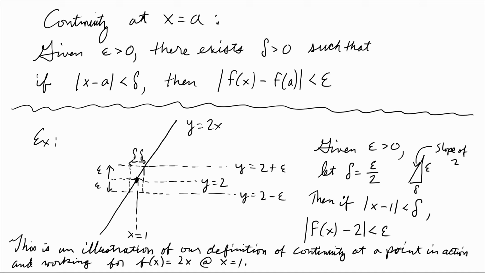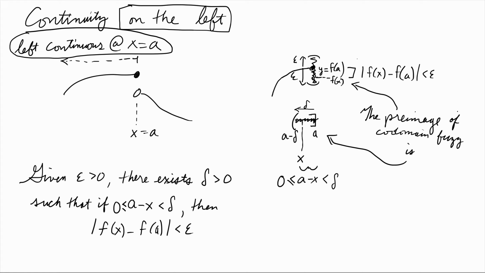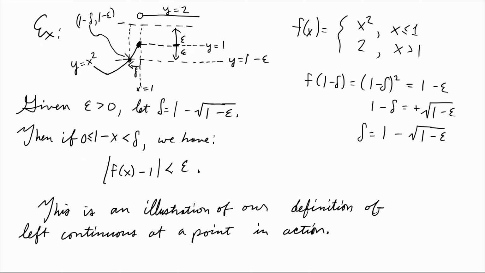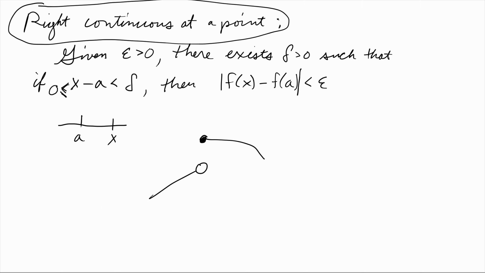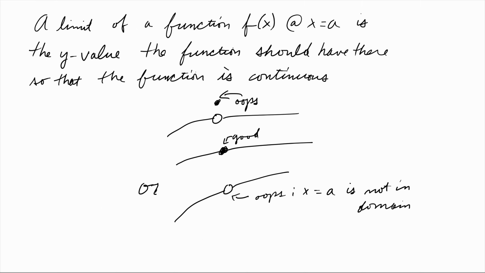In part 3, we talked about what it meant for a function to be continuous on one side, left continuous or right continuous, and looked at an example of that. And now in part 4, we're going to talk about limits and how that relates to epsilons and deltas and this idea of fuzziness.